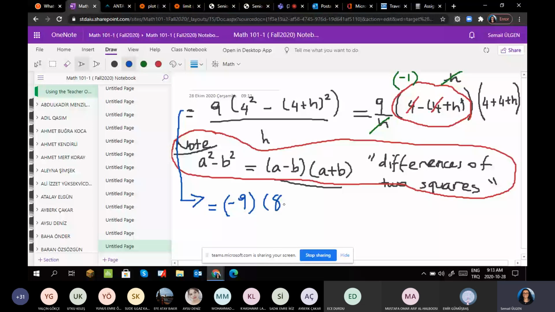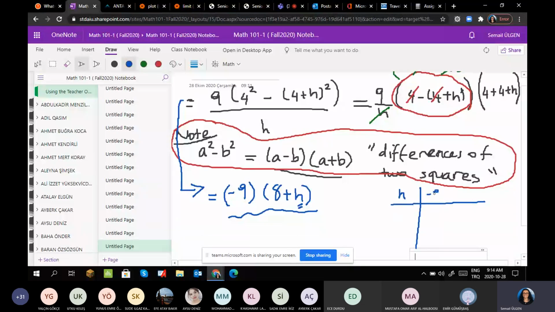Now, I'm going to build a table for h getting close to 0. Actually, you don't have to do it. The reason is, as h approaches 0, these values are all going to get very close to negative 72. You can build a table, there's h and the corresponding negative 9, 8 plus h.